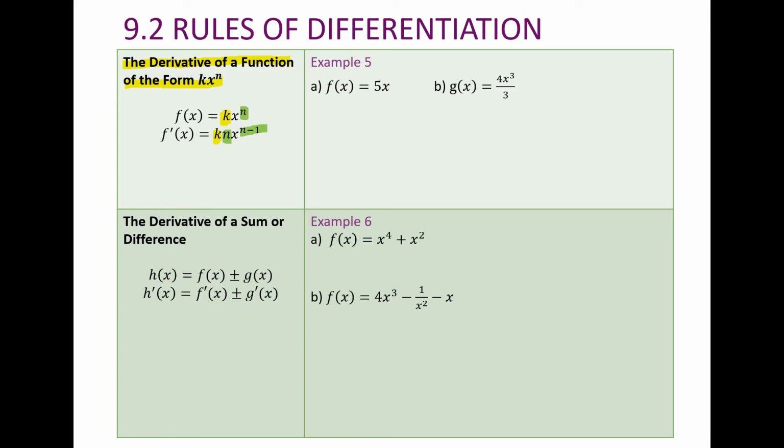So let's take a look at example 5, question A. So you have f(x) equal to 5x. So 5 is your constant. And x is actually to the power of 1. So your power is 1.